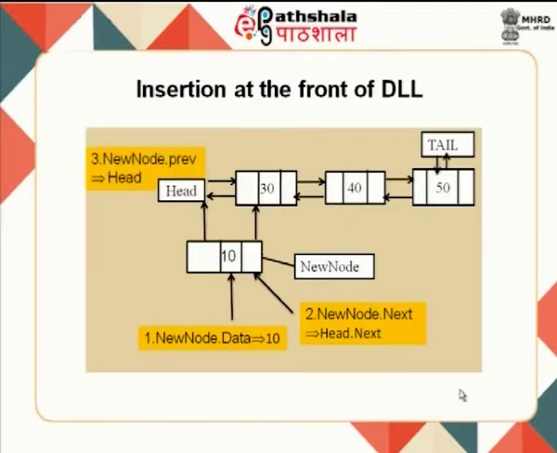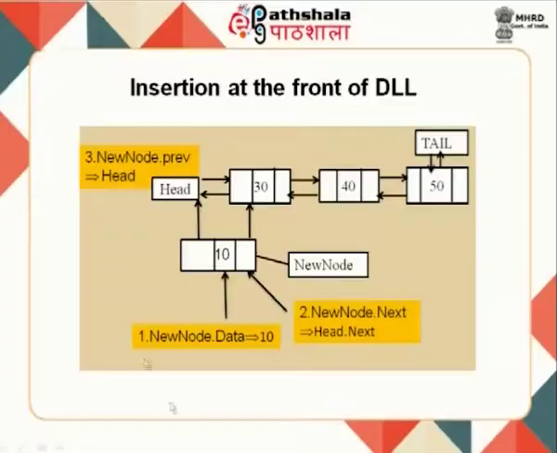Because we had previously told you in the singly linked list that we assume head is just a pointer. Here we are assuming head is a node which has previous not defined, and you have head dot next pointing to the first node. So, new node dot next is equal to head dot next, and new node dot previous is equal to head itself.